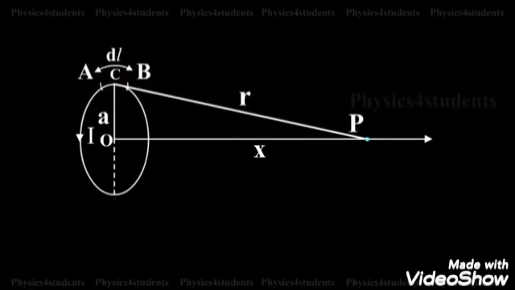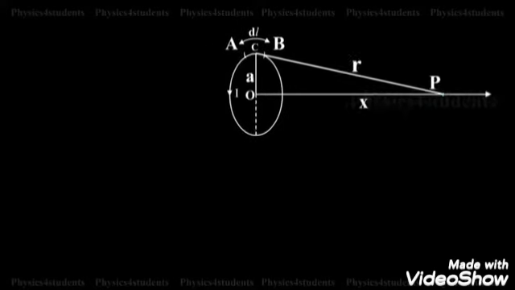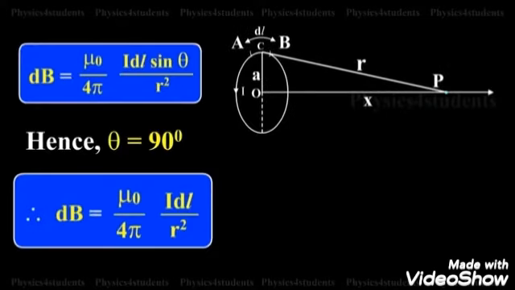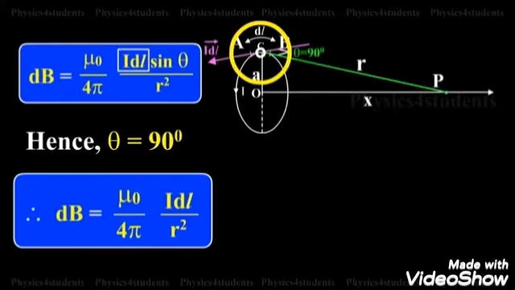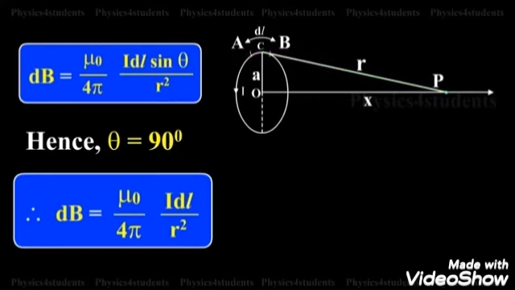According to Biot-Savart's law, the magnetic induction at point P due to the small element dl is dB equal to mu naught by 4 pi I dl sin theta by r square. Since the angle between I dl and r is 90 degrees, theta is equal to 90 degrees, therefore dB is equal to mu naught by 4 pi I dl by r square.